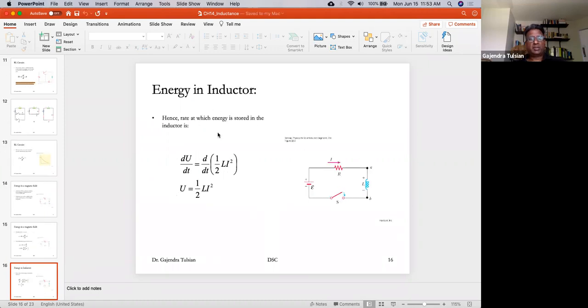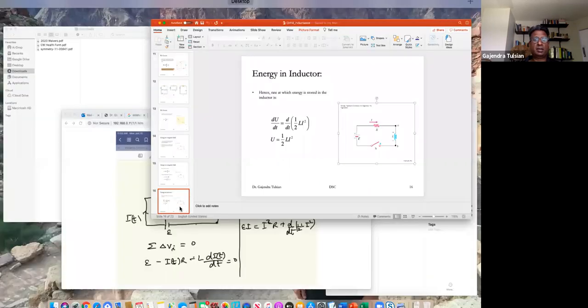Hence, the rate at which energy is stored in the inductor is given by that, and so 1/2 L I squared is the energy stored in the inductor at an instant when the current is I. So when the current is 0, the energy stored in the inductor is 0. And when the current is maximum, at its steady state value, that's when the maximum energy is stored. So that's the energy stored in the inductor.